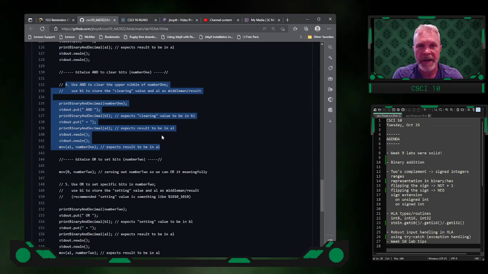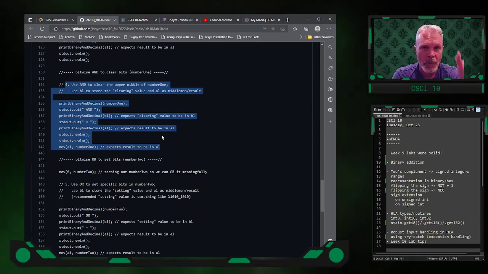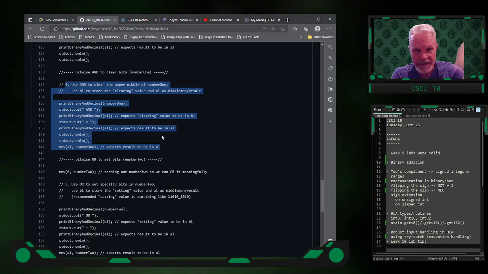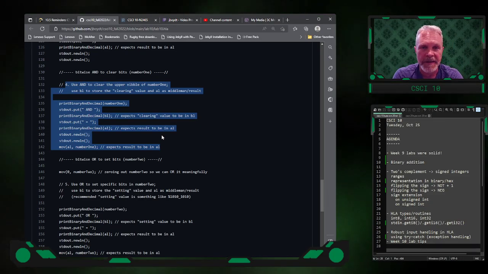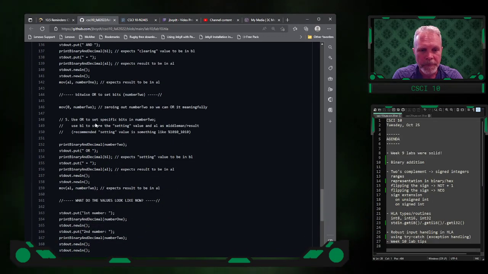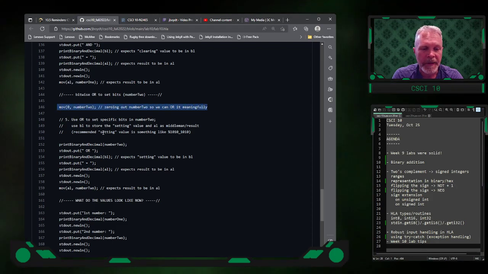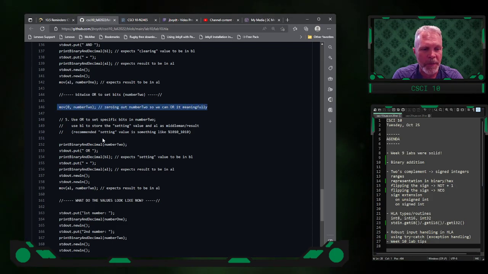So it turns out that if we AND a value with a well-chosen filtering value, we can actually zero out an entire nibble. Let's see, ORing. So here we actually just wipe out whatever number 2 used to be.